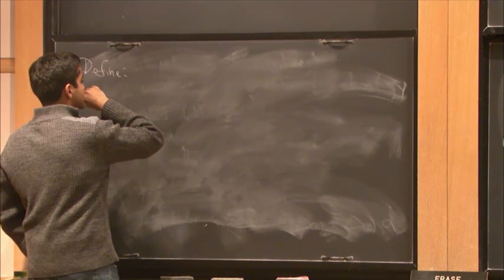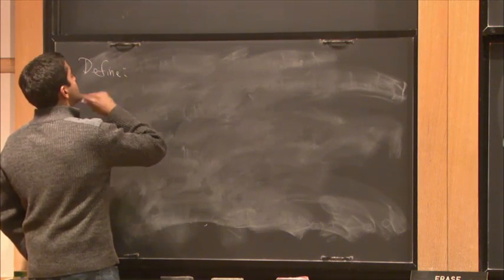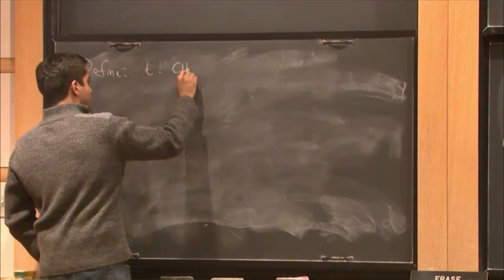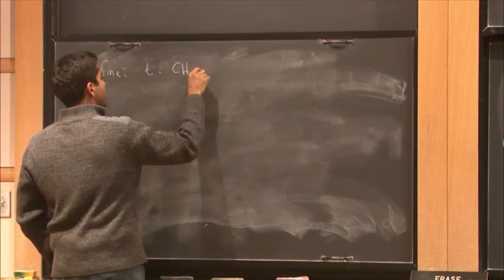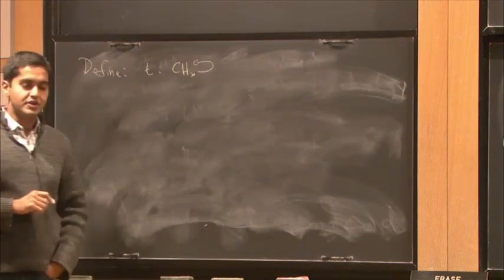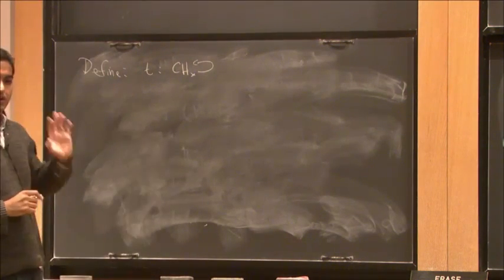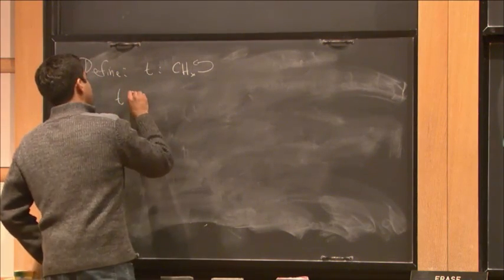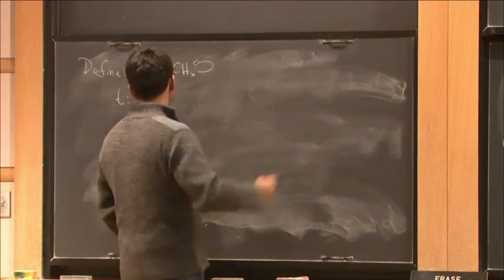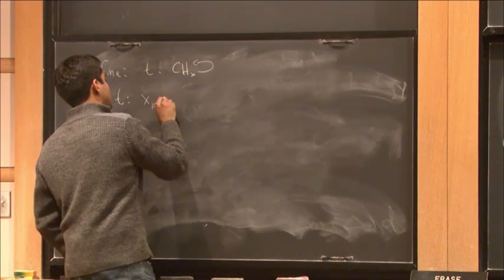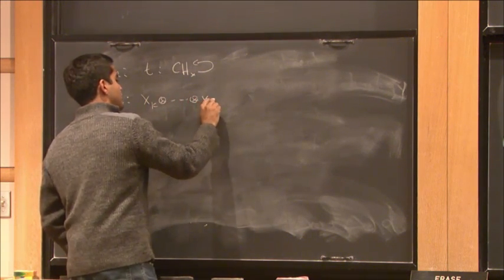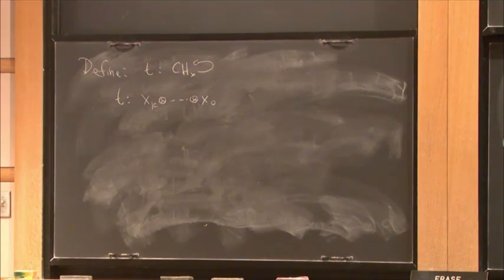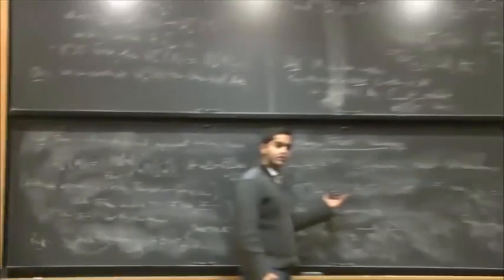Well, I have to define some intermediate operations. So there's one operation called T, which is the cyclic permutation operation. So what's an element of this big direct sum? You could think of it as generated by some tensor product of time one paths of our Hamiltonian.